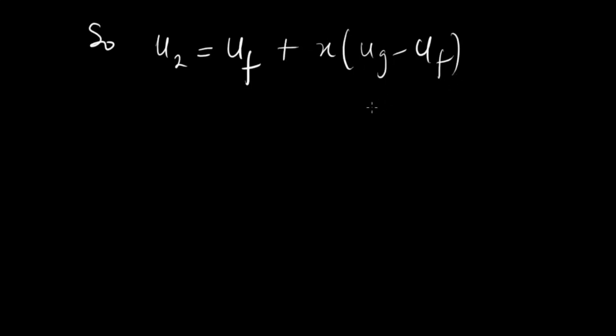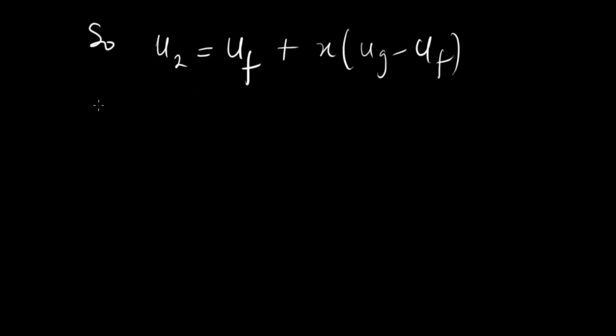Okay, so U2 is equal to what? UF plus X times UG minus UF. We stated this formula, recall from the last tutorial video, we mentioned all these formulas. So recalling from that, we decided to write it down.